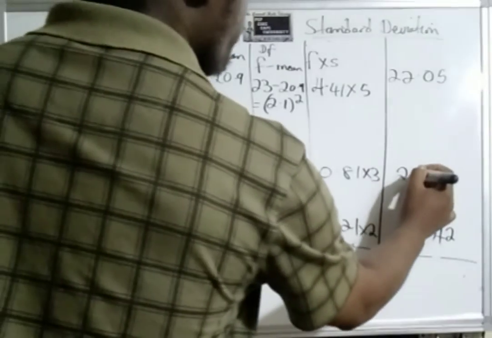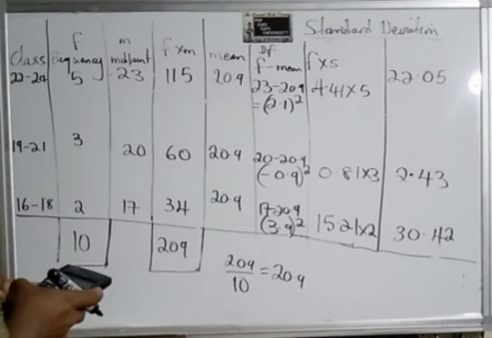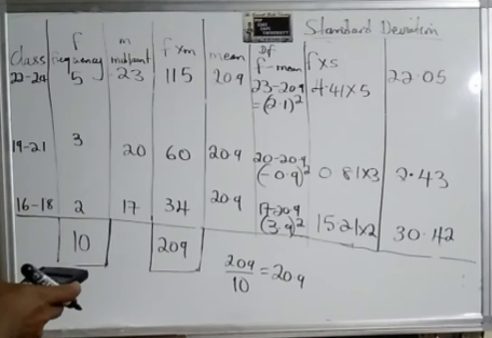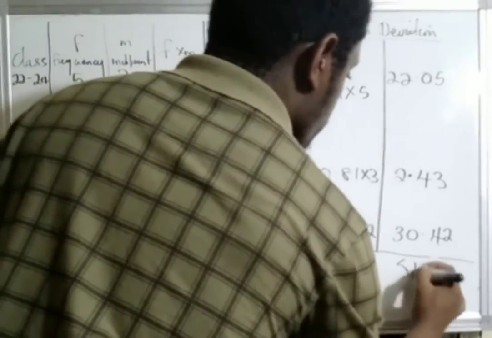This is 2.43, let's use the calculator. So 22.05 plus 2.43 plus 30.42, so that's 54.90.